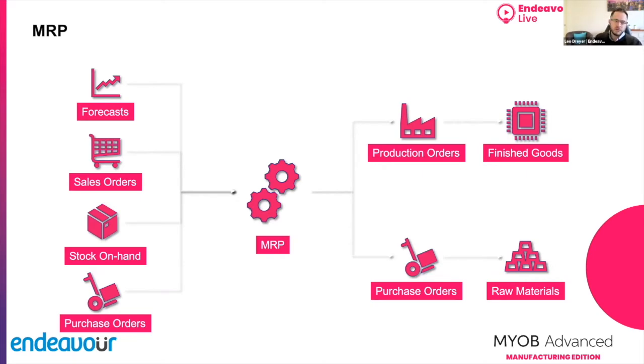Obviously, a human still needs to review that recommendation, because you might know of very specific things that the machine won't know, but it's to automate that process so that you can review it and, by a click of a button, fire off purchase orders to your suppliers or create the production orders.